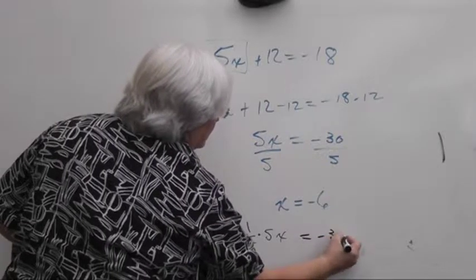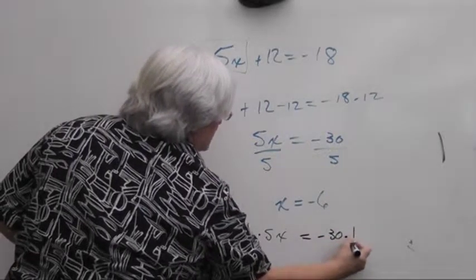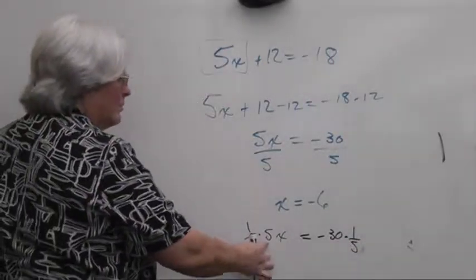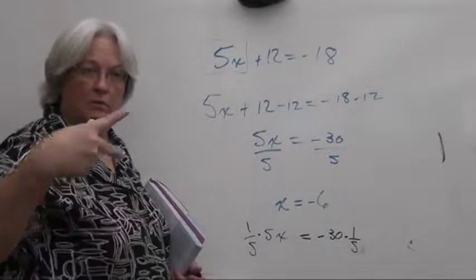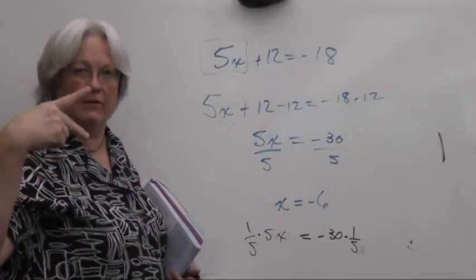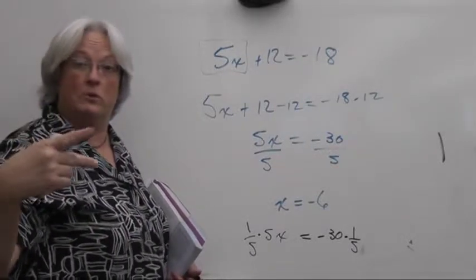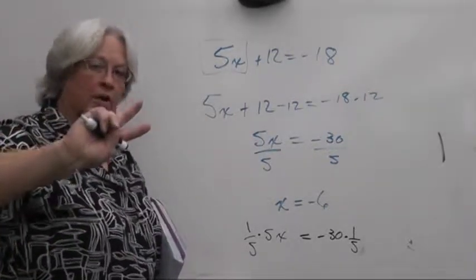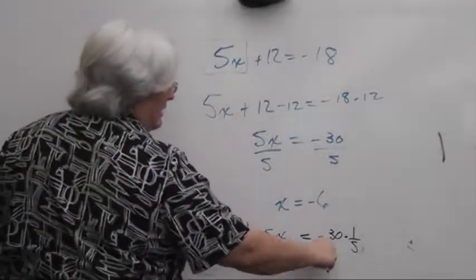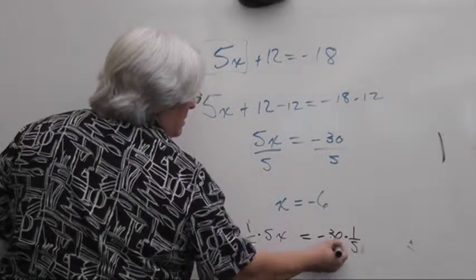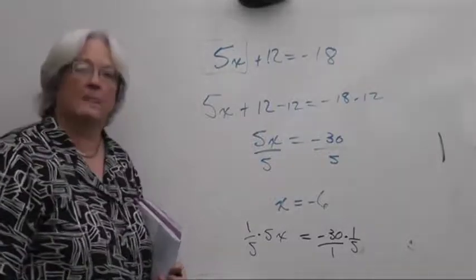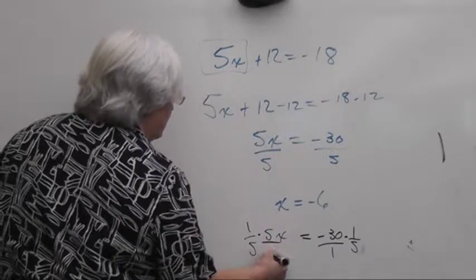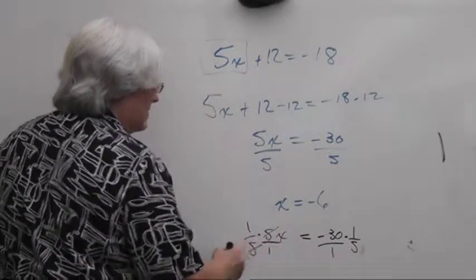Then you have negative 30 times 1 over 5. Remember, when you take the reciprocal of something, you have it not in exponential form, you have it in rational form, so that it looks like a fraction. You turn it on its head. If you have a whole number, you just divide it by 1. And what's nice about multiplying by the reciprocal is then you simply cancel common factors.